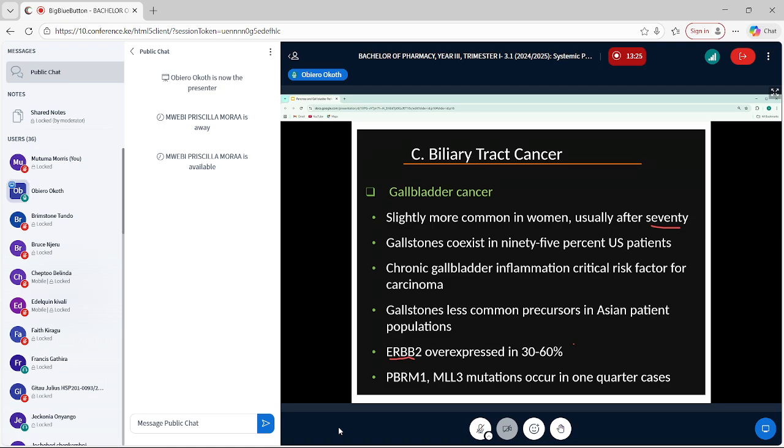We see them a lot. And we think this chronic gallbladder inflammation, the chronic cholecystitis, could be a critical risk factor for the carcinoma. Pigment stones don't tend to give you this problem. We see this mainly with the cholesterol stones.